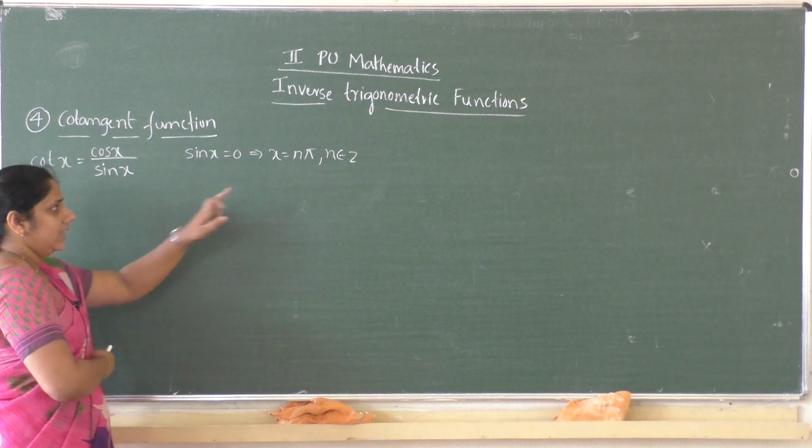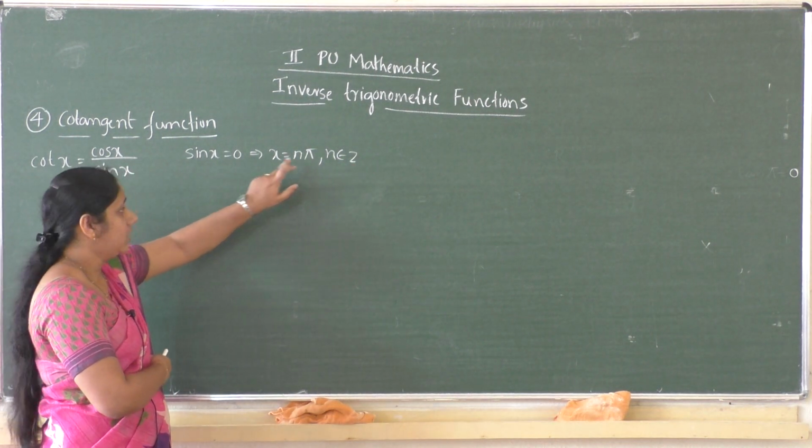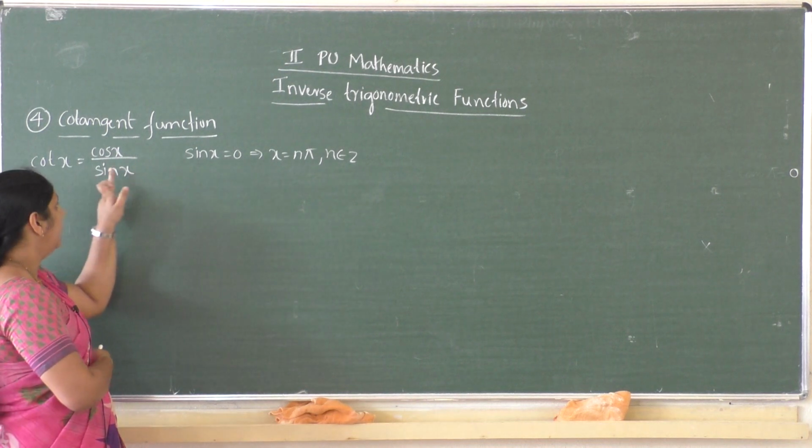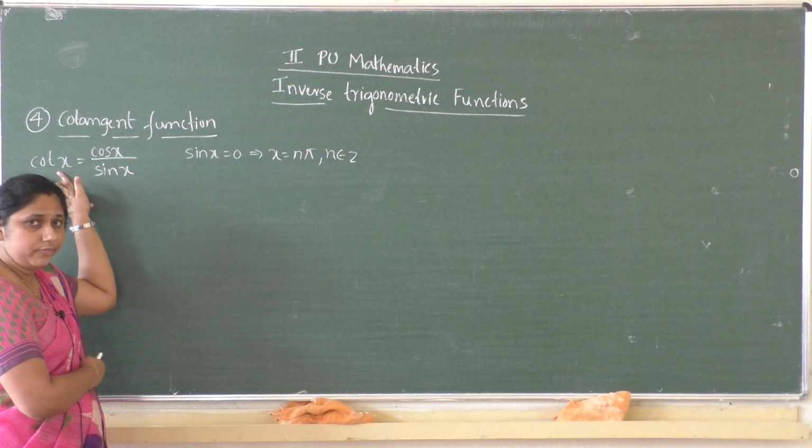So if x takes a multiple of pi value, then sin x will be 0 and cot x will not be defined.